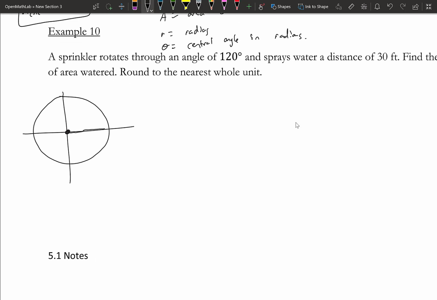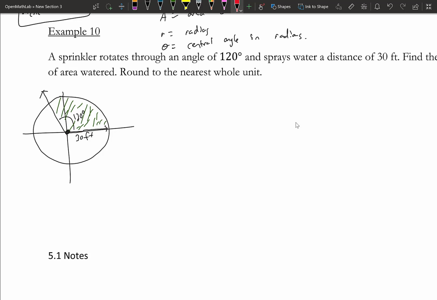So that's the radius of the circular path. So there's 30 feet. We have 120 degrees. So this is the area watered, that we want to try to find.